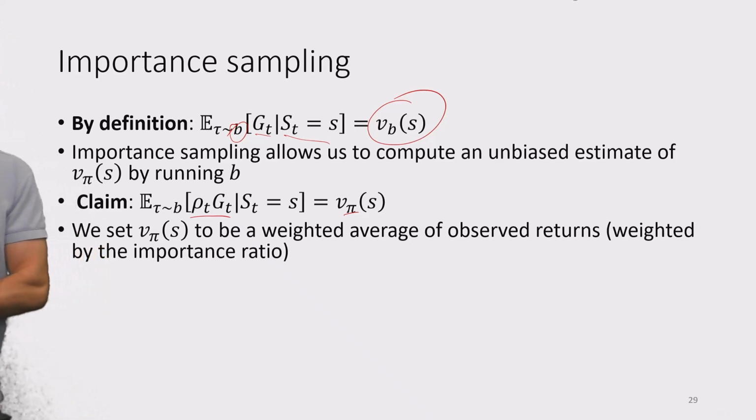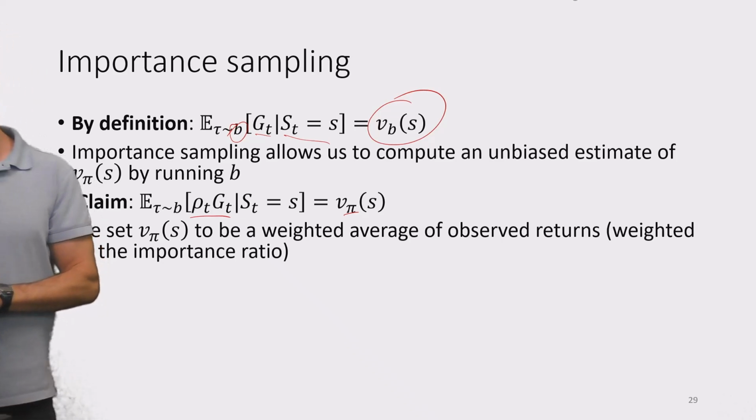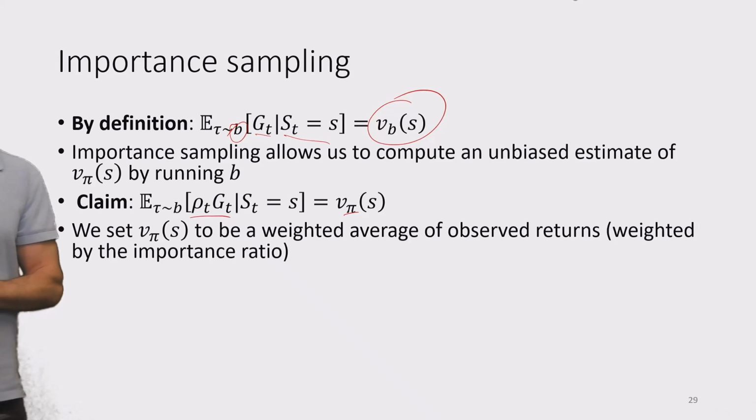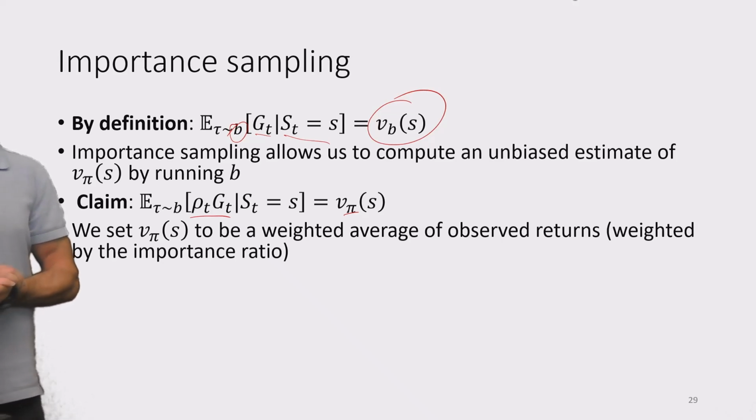Okay, so in this sense, we set V pi s to be a weighted average of observed returns that are weighted by the importance sampling ratio.